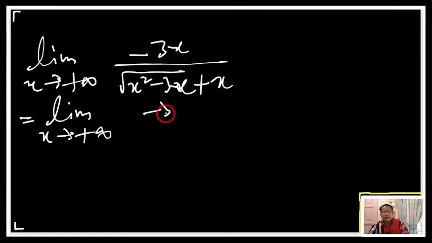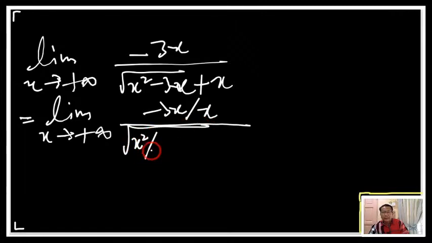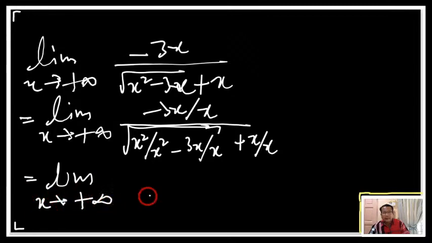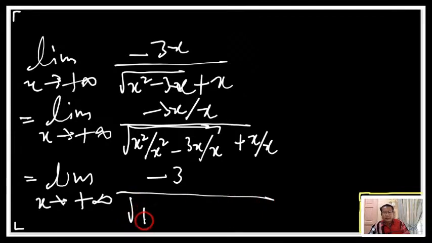Positive, so negative 3x divide by x. This one, square root of x square divide by x square, minus 3x divide by x. We should divide by positive, because positive infinity plus x divide by x. So this one will become, as x approaches positive infinity, minus 3 over square root of 1 minus 3.